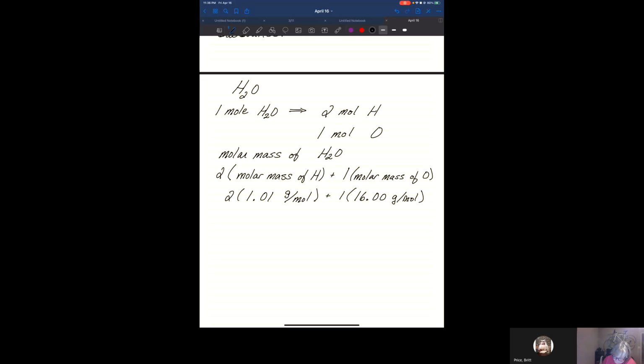Together, it would be 18.02 grams per mole. That is the molar mass of water.